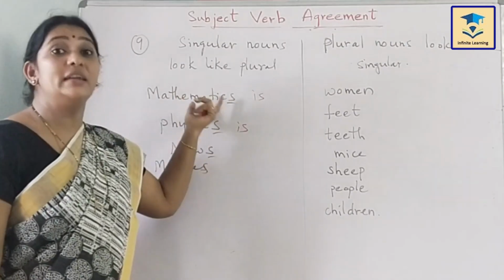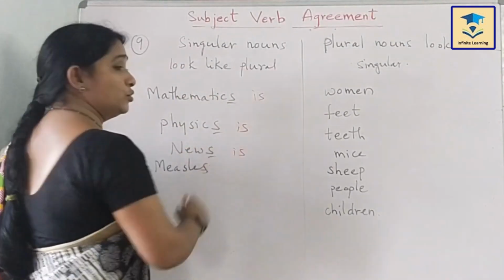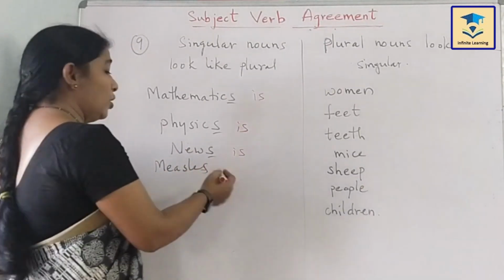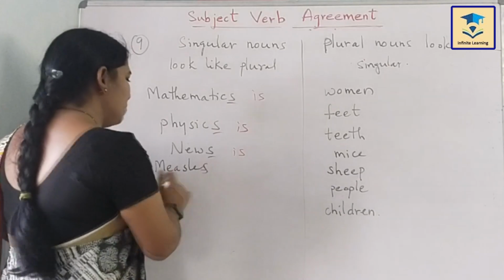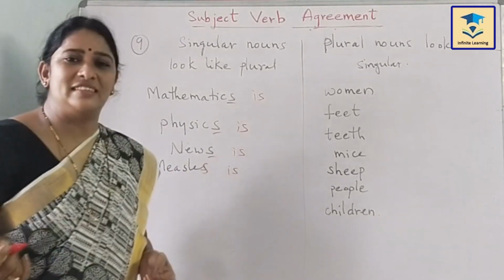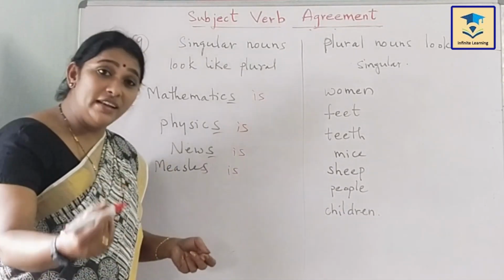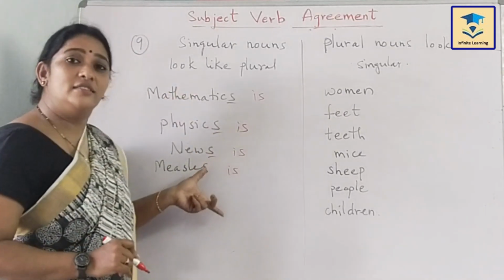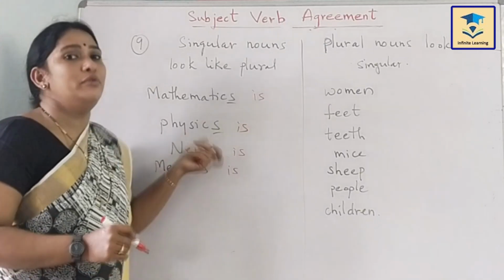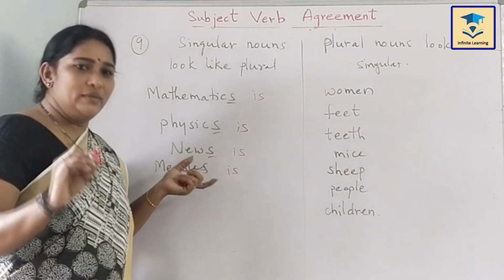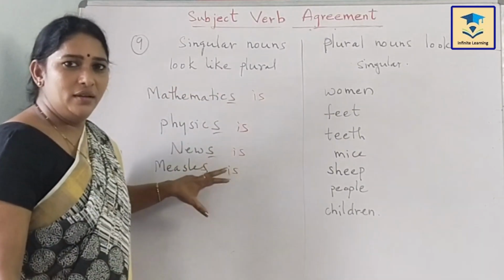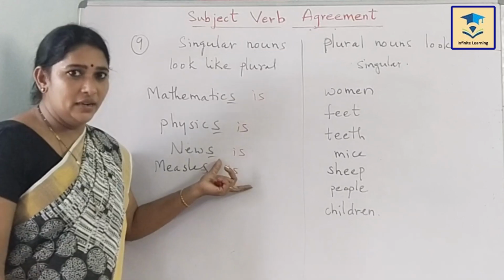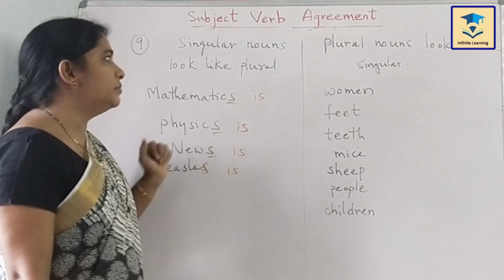Mathematics is. Today's news is interesting. Or today's news is horrible. Measles is contagious disease. Is, not are. Even though these are singular nouns, they look like plural. So you have to observe carefully. Consider them as singular noun and give the singular verb. They agree with the singular verb.